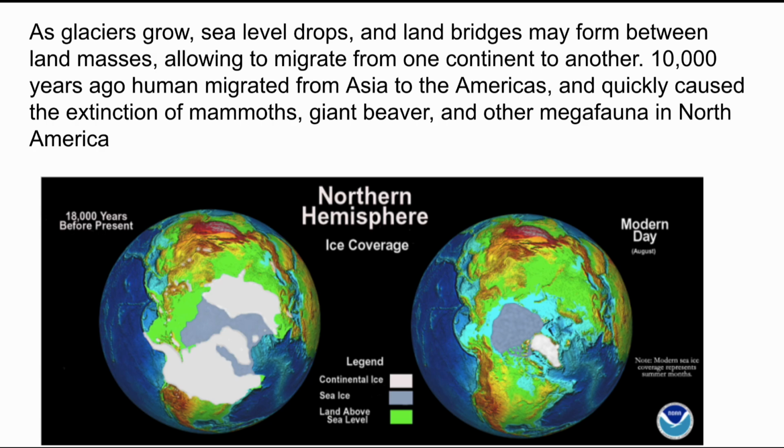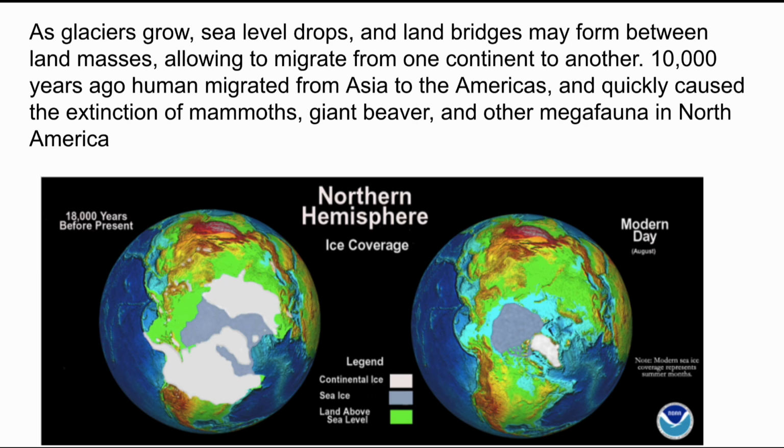And 10,000 years ago, a land bridge formed between the Asian landmass and the North American landmass. And organisms were able to cross over. And one organism in particular was called Homo sapiens sapiens.